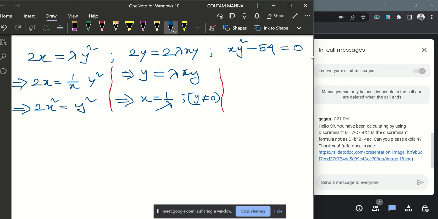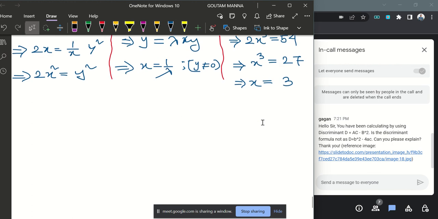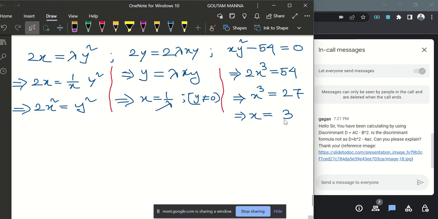Now in the constraint equation, let's put y² = 2x². In that case the equation will be 2x³ = 54, so x³ = 27, and x = 3.